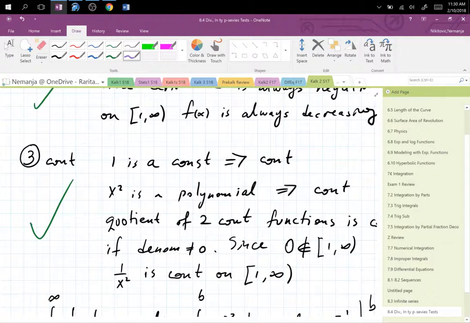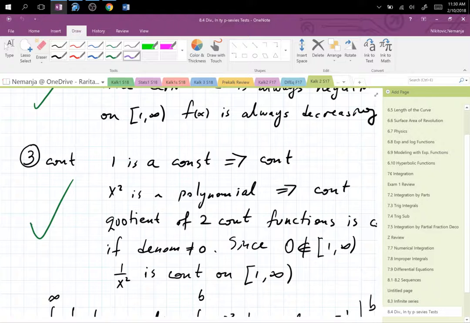Hop over here, back to Calculus 2. First definition: quotient of two continuous functions is continuous if the denominator is not 0. Right? Wasn't that the fourth thing on your list, the purple list I had?